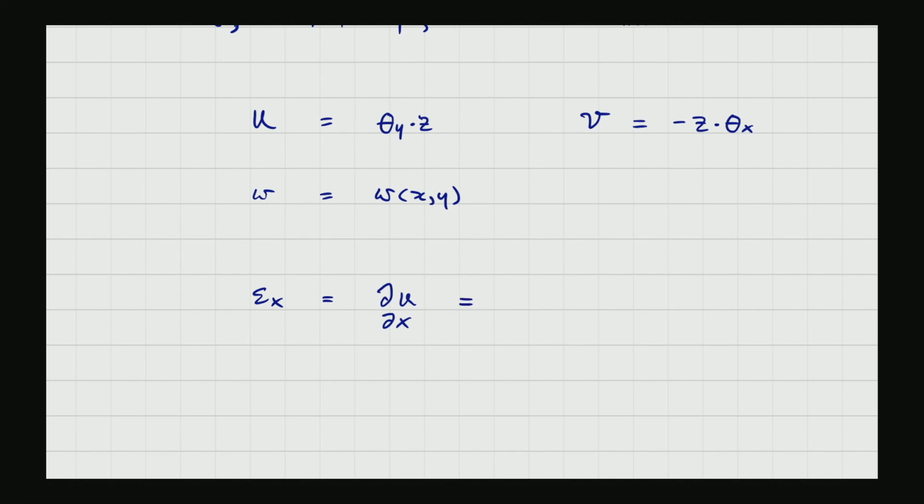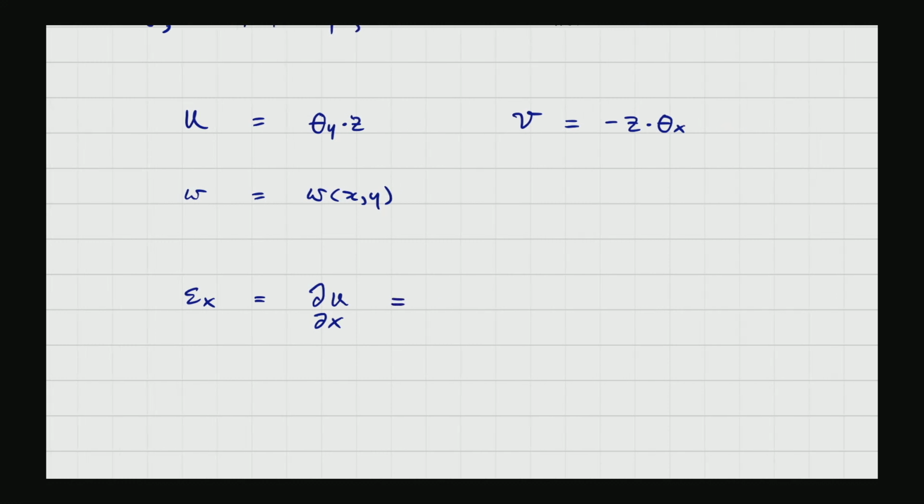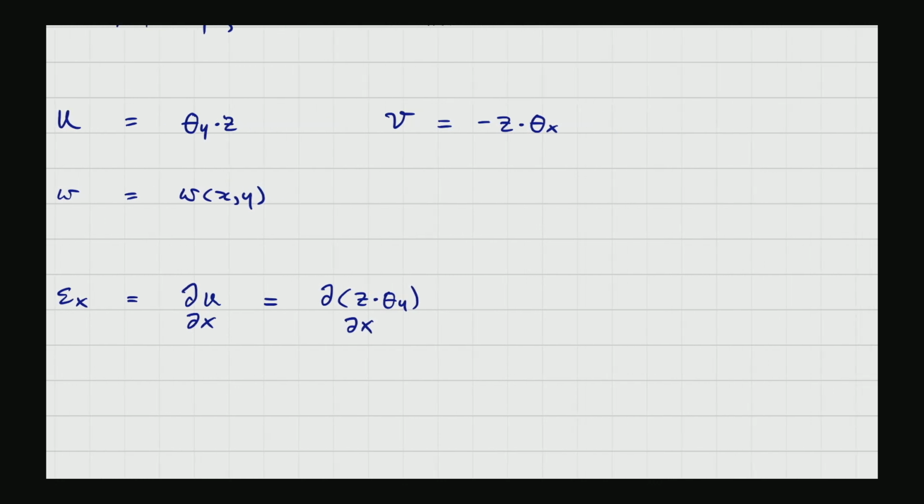And then you know that the u is given just above, and it is the partial derivative of z times theta y with respect to x. Now the z has nothing to do with the x, right? They are orthogonal.